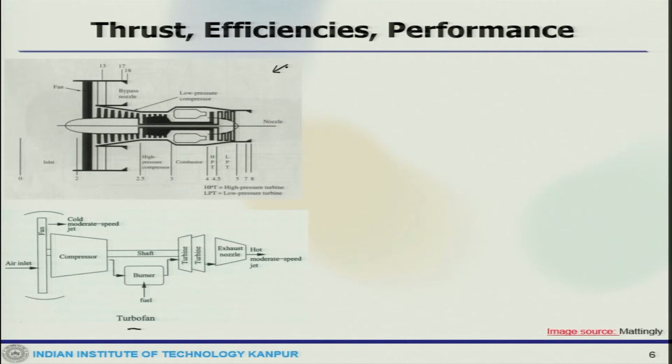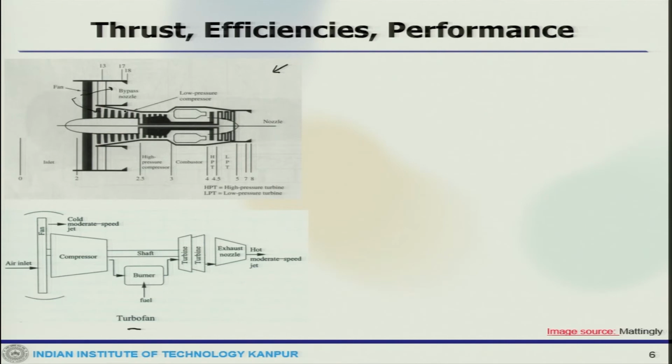You see the fan is sitting there, you already have the inlet, then after the fan the air gets split into two components. One goes through the bypass, called the bypass nozzle or bypass section, and one passes through the core of the engine.